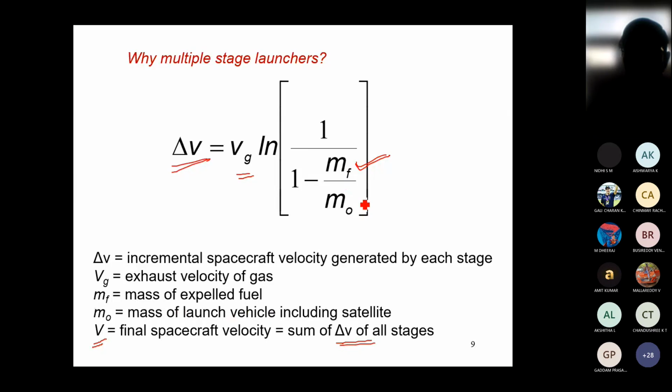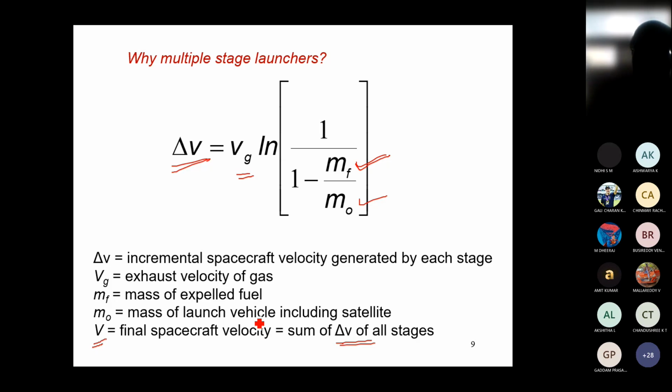And in the denominator, m0, it is the mass of the launch vehicle. But I said that as the satellite is launched through multiple phases, some of the functionalities of the satellite are over, and those parts whose functionalities are completed will be removed from the satellite.